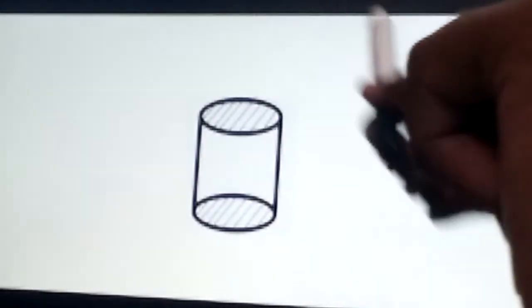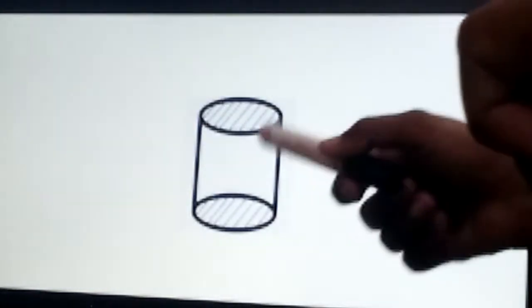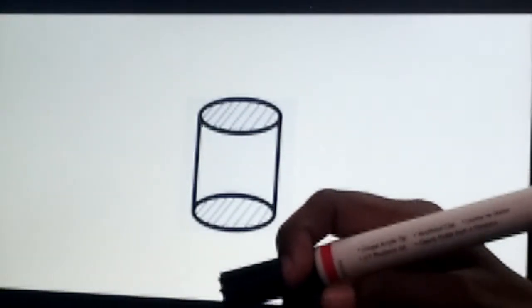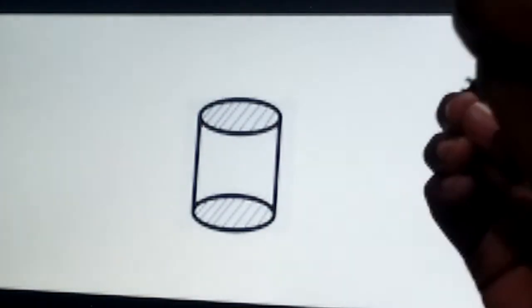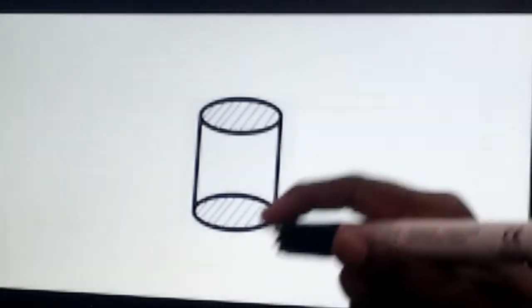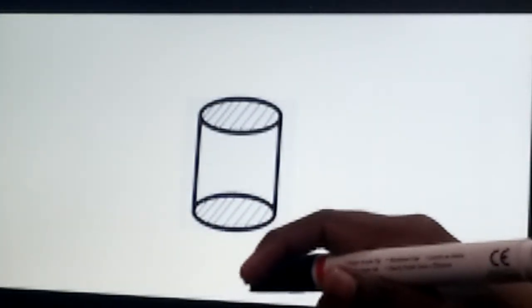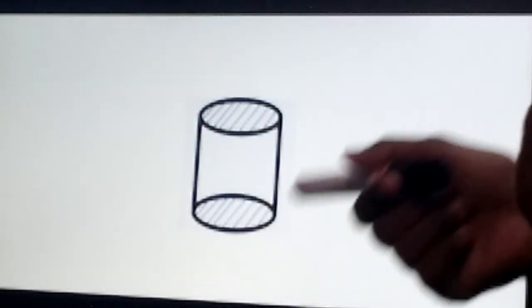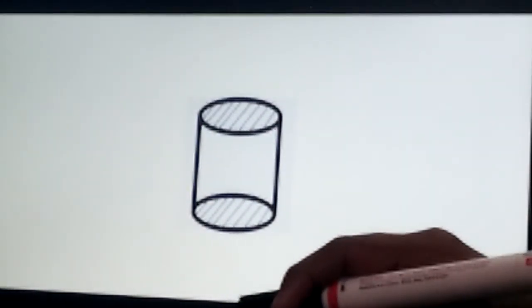The area of the cylinder will tell you how much material has been used to make that box. And if you want to paste a beautiful paper on that box, then how much paper you need to paste on the box? The area of the cylinder will tell you. Exciting? Okay.